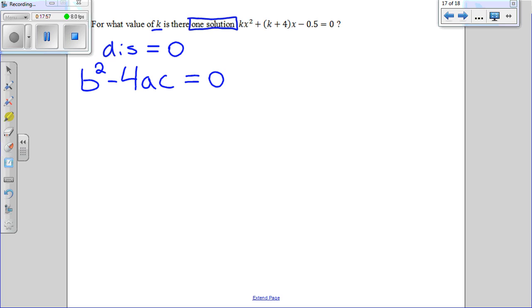The actual calculation of it also throws people off. Because then they look at this and they go, well, we don't know what K is. And that's exactly right. You don't know what K is. You're trying to calculate it.